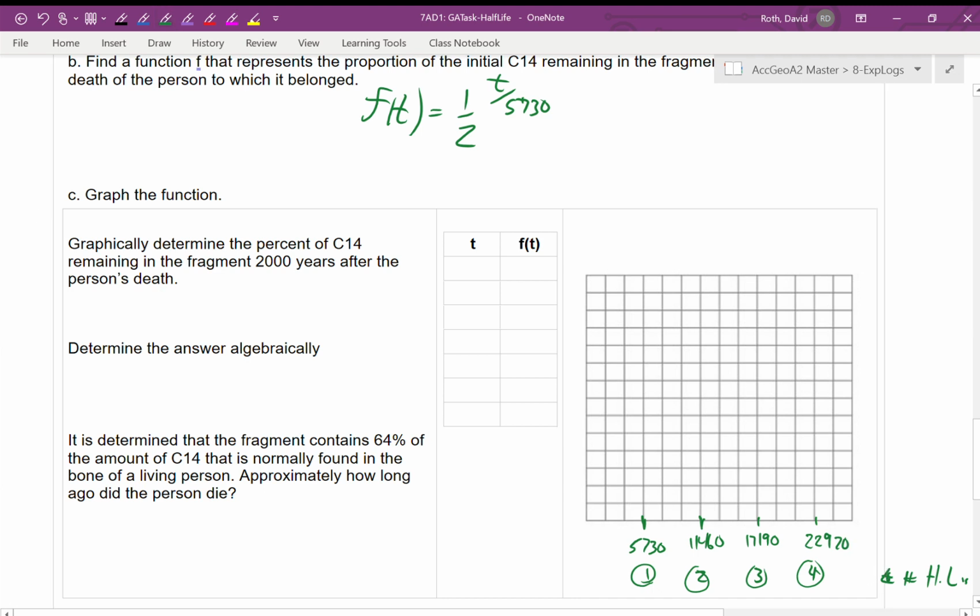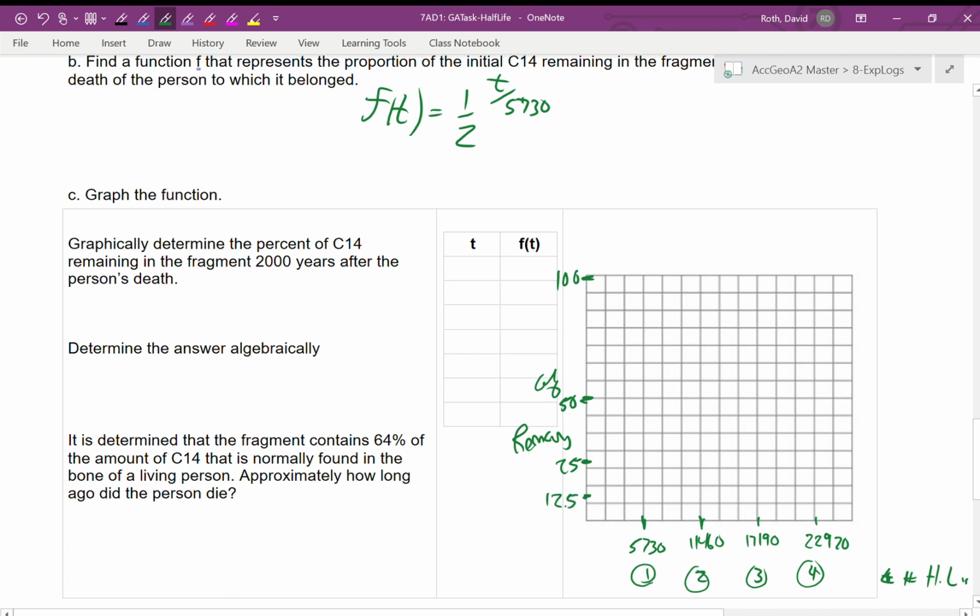What's the percent remaining? Okay, let's see, percent remaining. I started at 100. That's the middle, right? That's 50%. Half of that, that's a weird scale, but 25%. Half of that would be 12.5%.